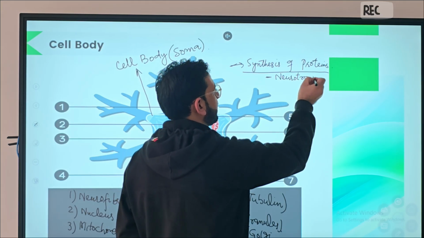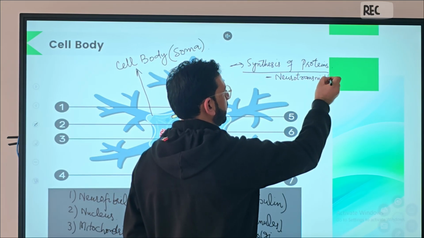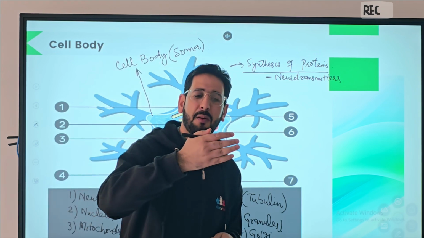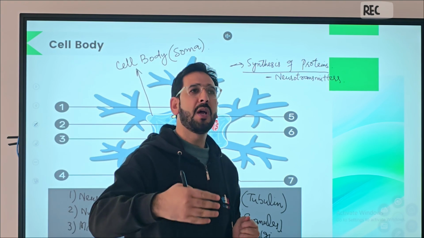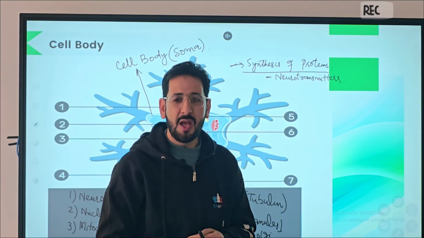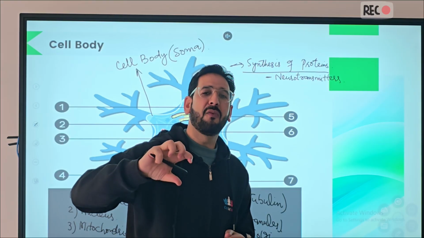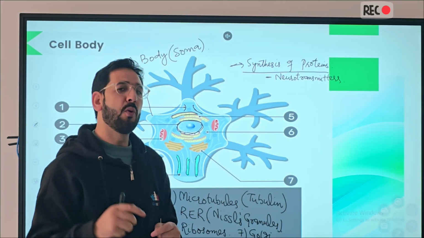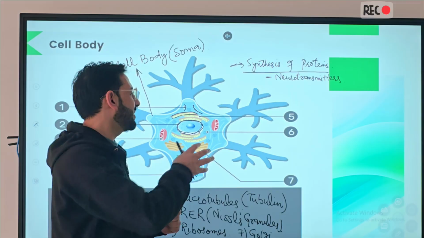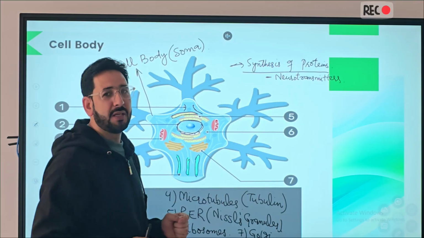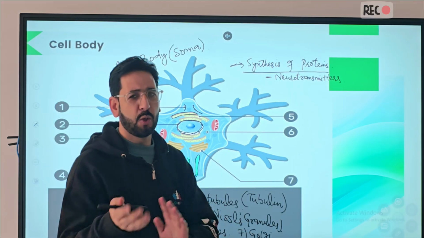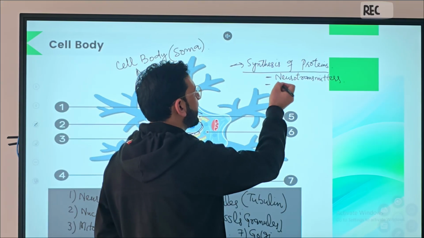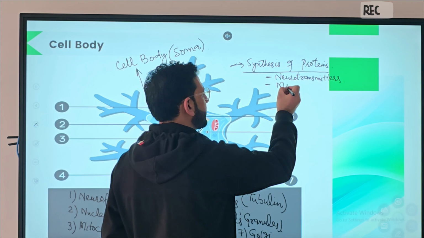Because when this neuron has to pass information, or communicate with another neuron, it is actually done via chemicals, and those chemicals are called neurotransmitters. Now, those neurotransmitters are synthesized inside the neuron cell body by the process of transcription followed by the process of translation. The second thing that can be inside here can be the membrane proteins.